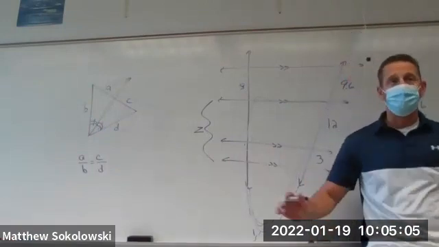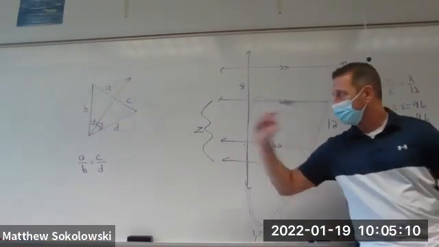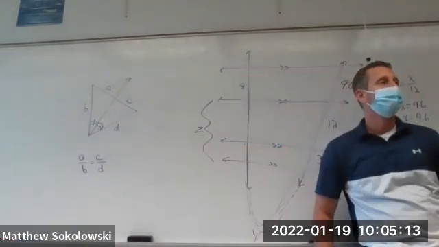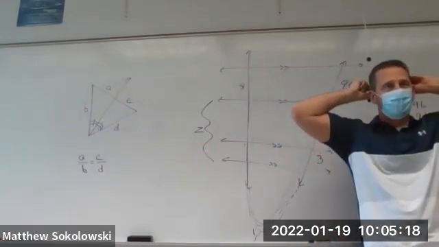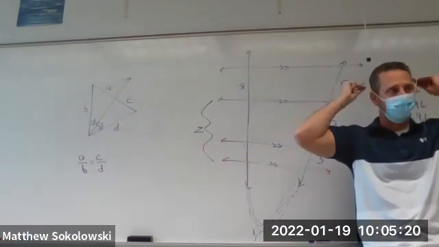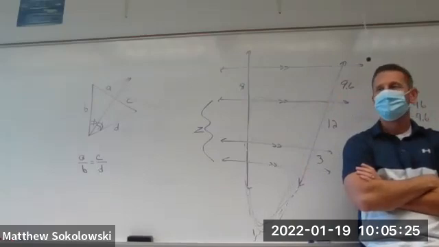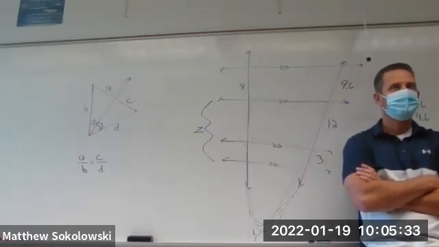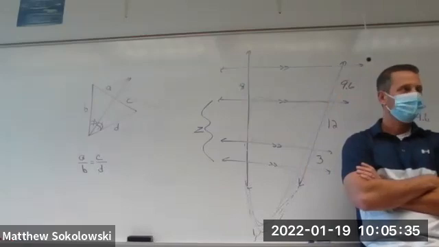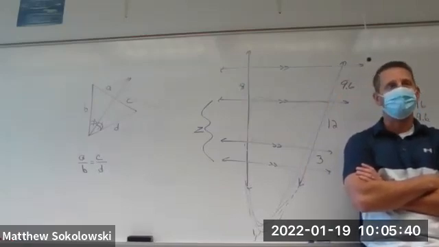Now, can you give me another proportion that's the same as that one? You don't just say the same thing. What I mean by the same is if you cross multiply, you're going to get the same thing. Give me a proportion that's the same as that proportion.